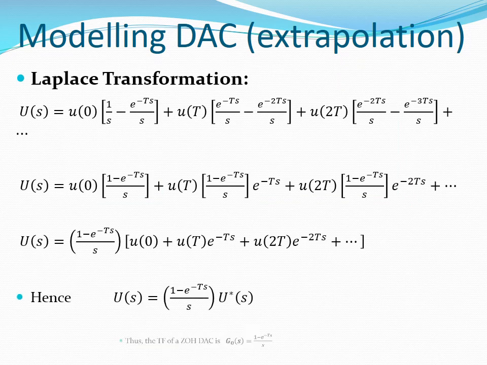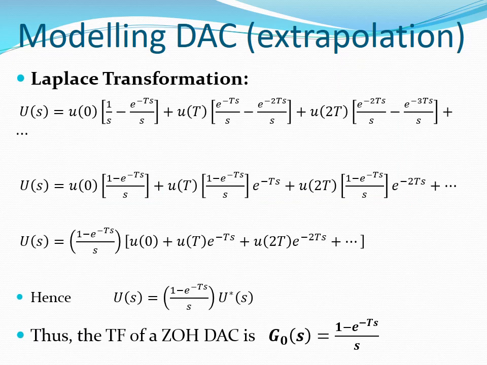Let's take the Laplace transform of the DAC. Using some mathematical manipulations, we can factor out the term (1 minus e to the minus Ts) over s, so that our Laplace transform is a product of two terms.